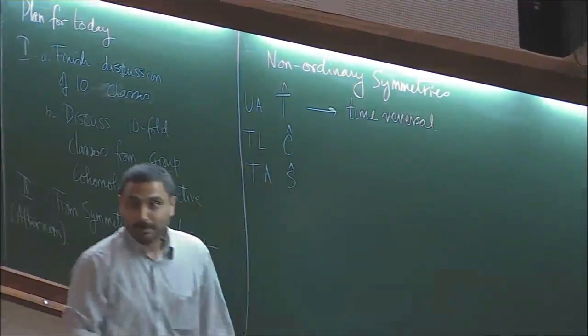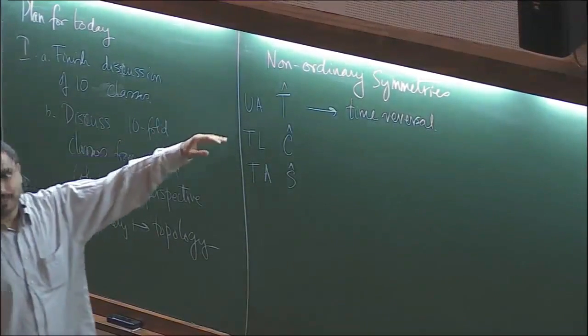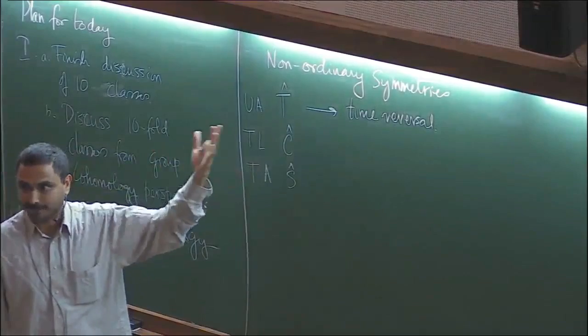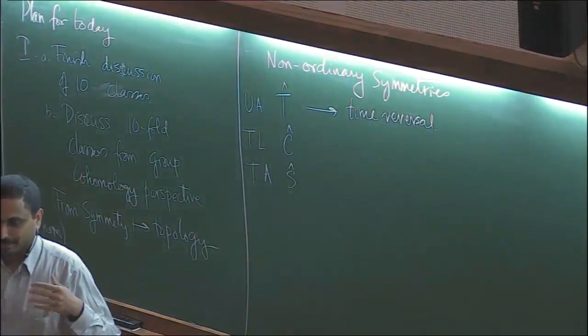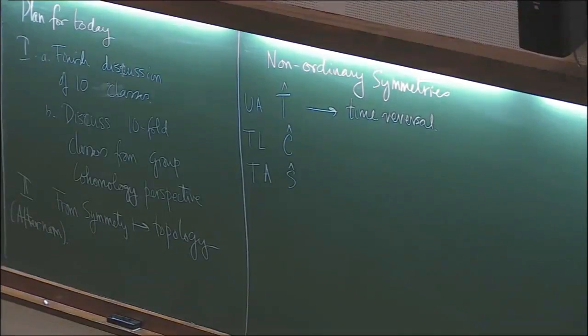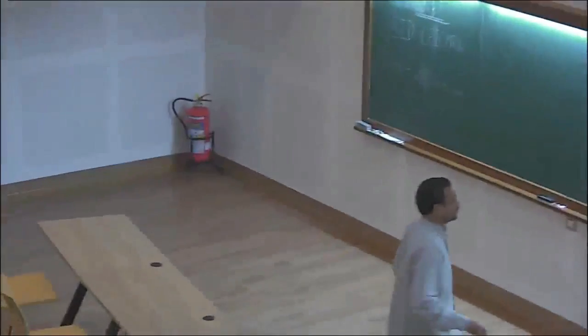And as Rajdeep asked last time, why am I calling this time reversal? This is because I've shown that this is solitary. There's only one such kind of symmetry in the system. And we know that a well-known usual antilinear operator is the time reversal operator, and therefore we'll call it time reversal.